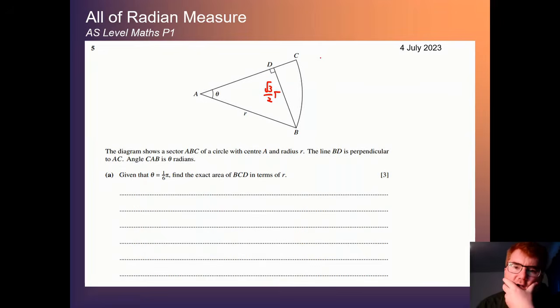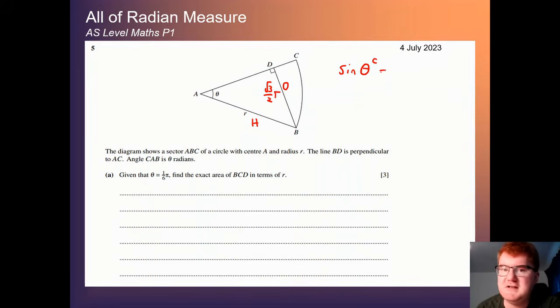Yeah. So first thought is we need to find this angle one way or the other. We can use trigonometry. Again, this is still the opposite and still the hypotenuse. So sine of the angle, which we're going to write in radians here, is equal to opposite, so root 3 over 2r divided by r. The r's cancel, which is very helpful, giving us then that sine theta is equal to root 3 over 2.